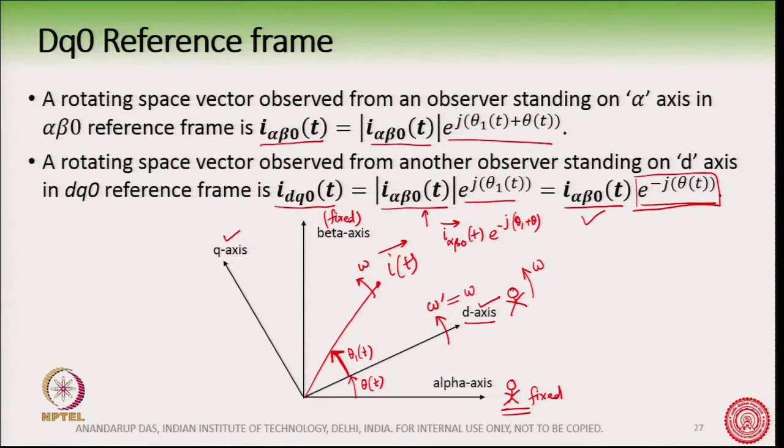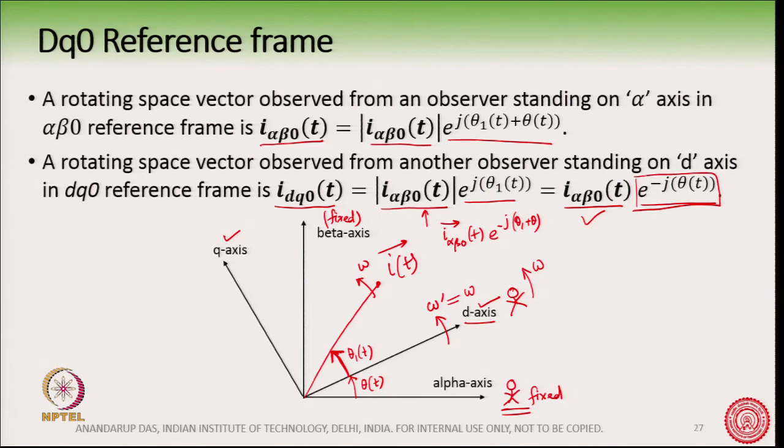Note that this theta t is not a constant value, it is a varying value. So, what does this mean?